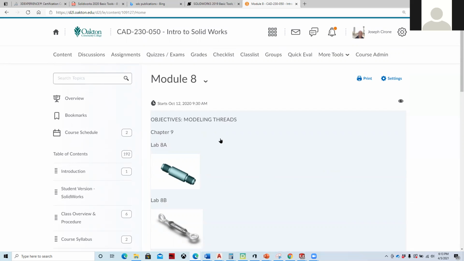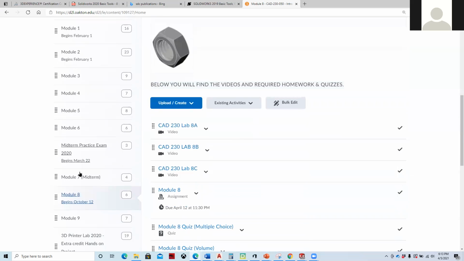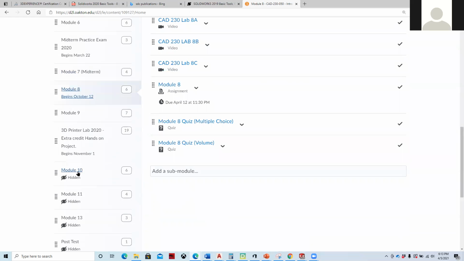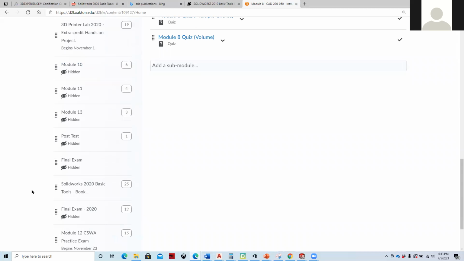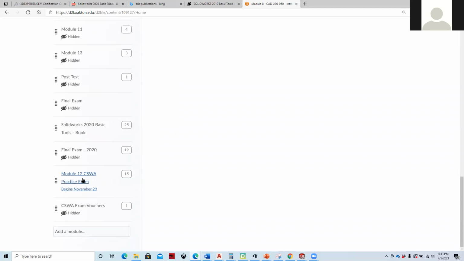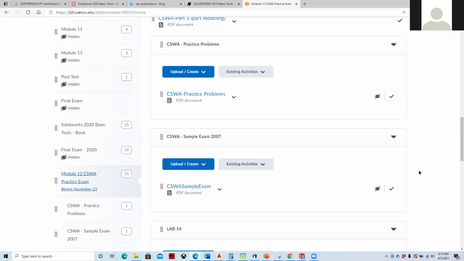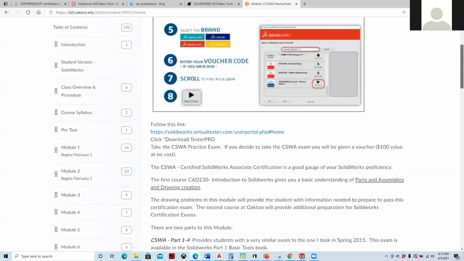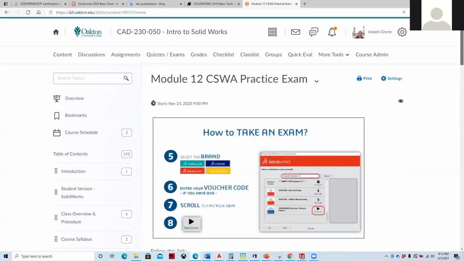So that's module 8. And then our plan is to cover as many of the modules as we can. We typically cover 10 modules, and then we'll go into the SolidWorks associate exam. The practice exam I turned on, I was talking to one of the students who wants to get ready for it. And so I said, hey, I'll put that on. May will be coming quite soon.